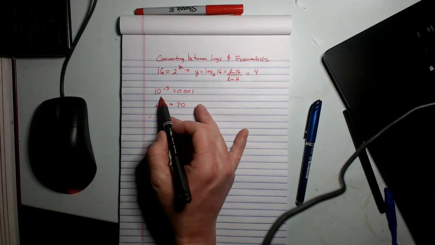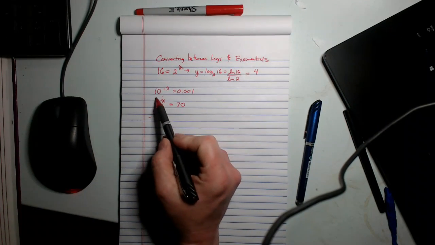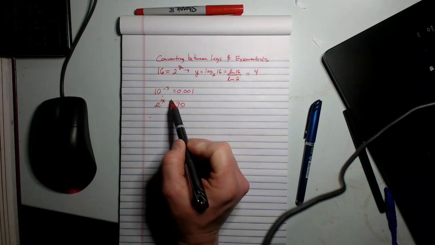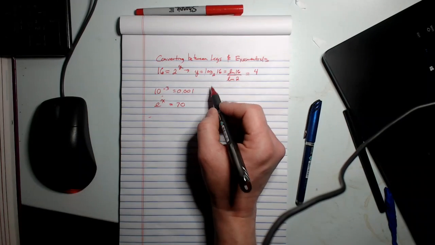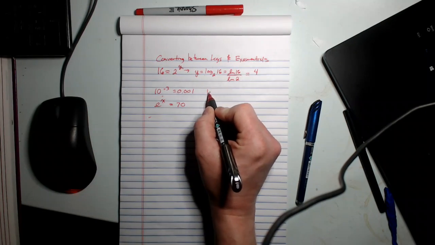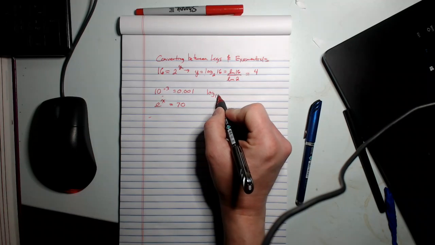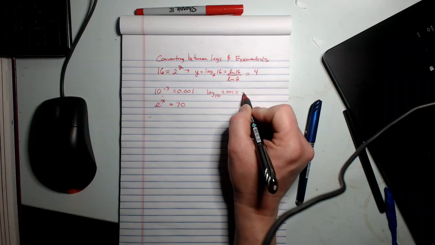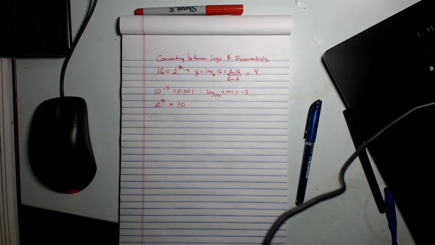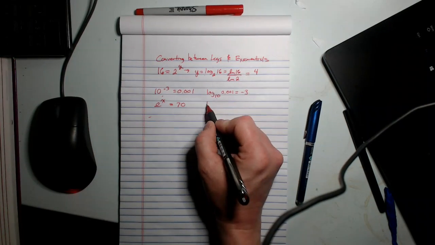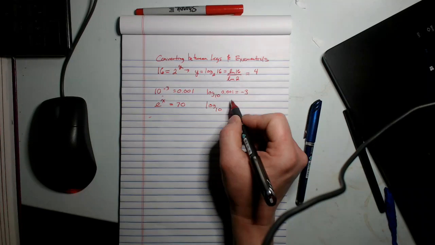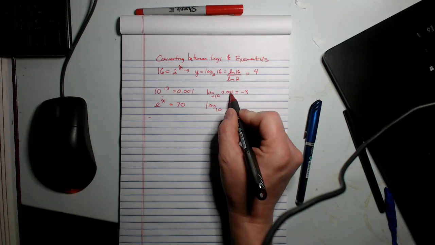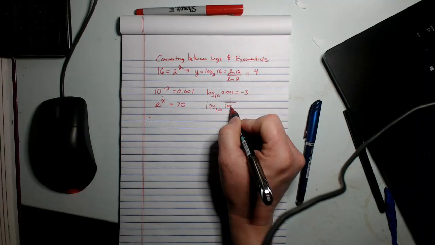Now in this next example here, there's no variable, but understand what this is actually trying to tell you is that we can write this as log base 10 of 0.001 is equal to negative 3. Now what this really represents is that we have log base 10 of 1 over 1,000.